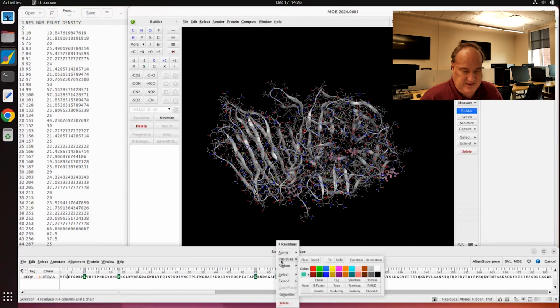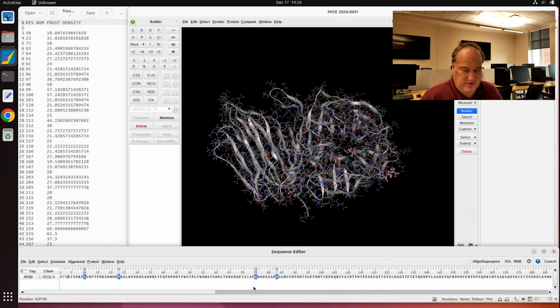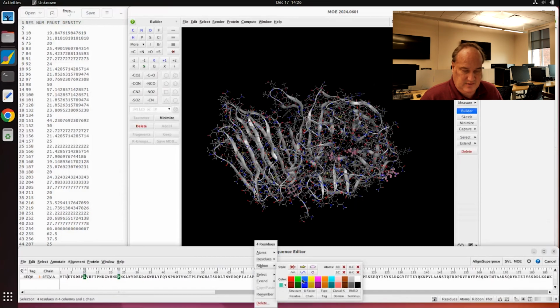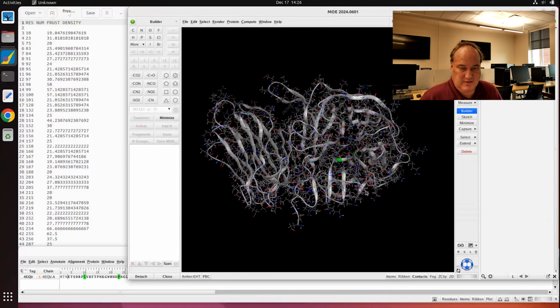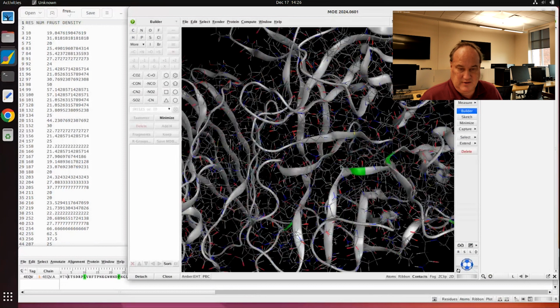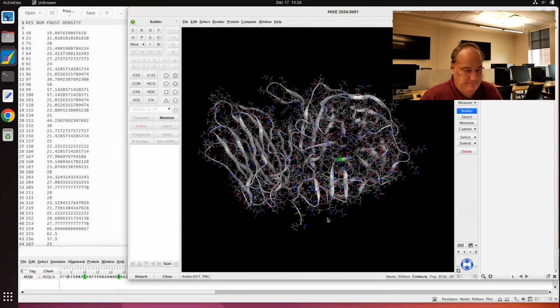If I right click and go to residues, and color all these in green, they're going to show up in green down below. And if I select ribbon green, it's going to color the ribbons green. See, these are all in green right here.